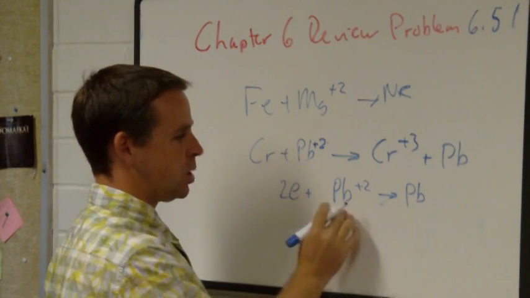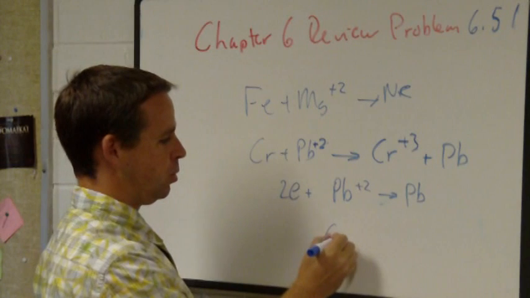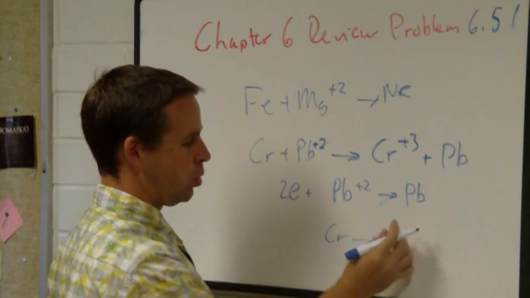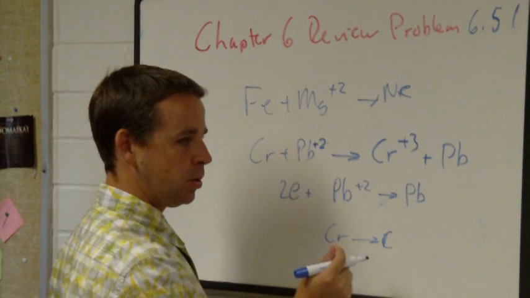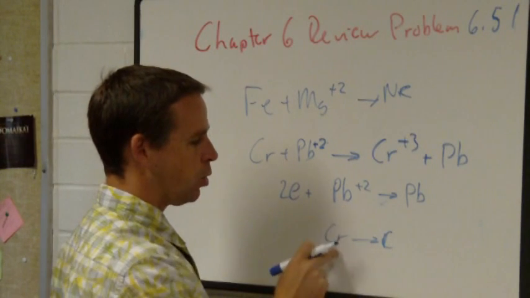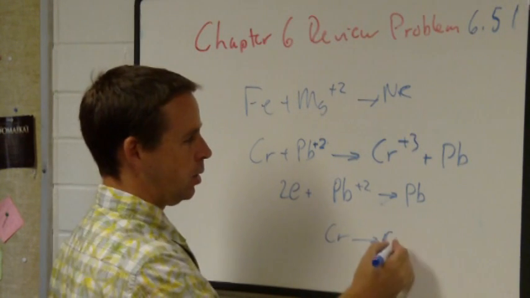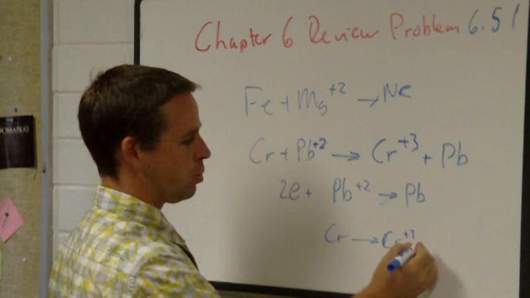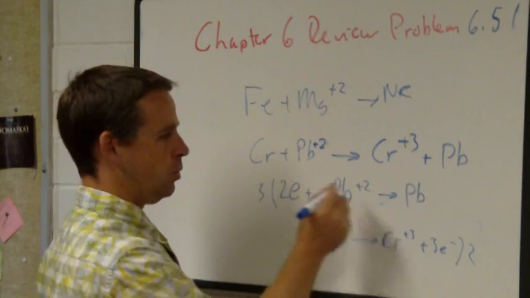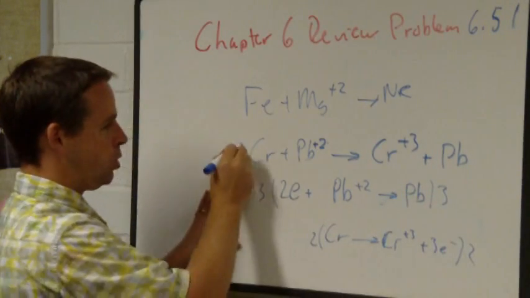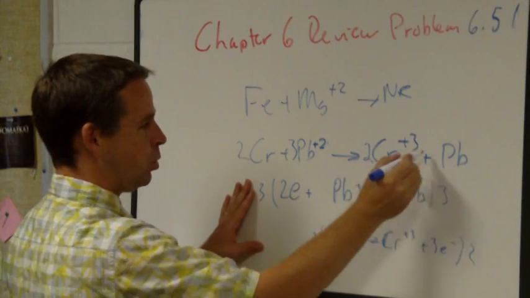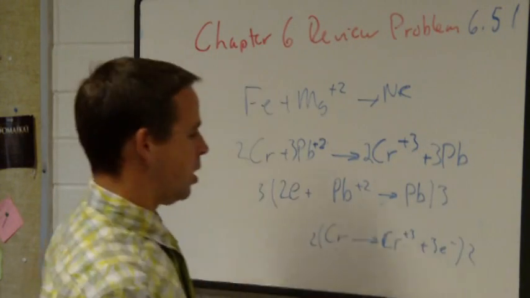So we need 2 electrons on this side, and for the chromium ion, Cr +3, 3 electrons. So we're going to need 2 of these and 3 of these. So we need 2, 3, 2, 3.